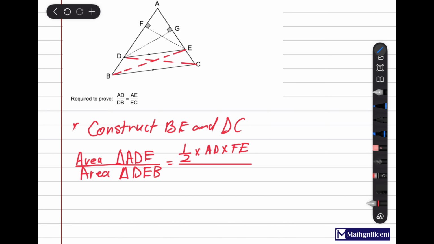So now let's move on to the next triangle. Our next triangle here is triangle DEB. Now you notice that, as we have said, this is an obtuse triangle. So when we calculate the area of triangle DEB, this is going to be half times the base. Our base is going to be BD. Since our base is BD, remember that our height has to be perpendicular to the base. But since this is an obtuse triangle, our height is going to be externally constructed.